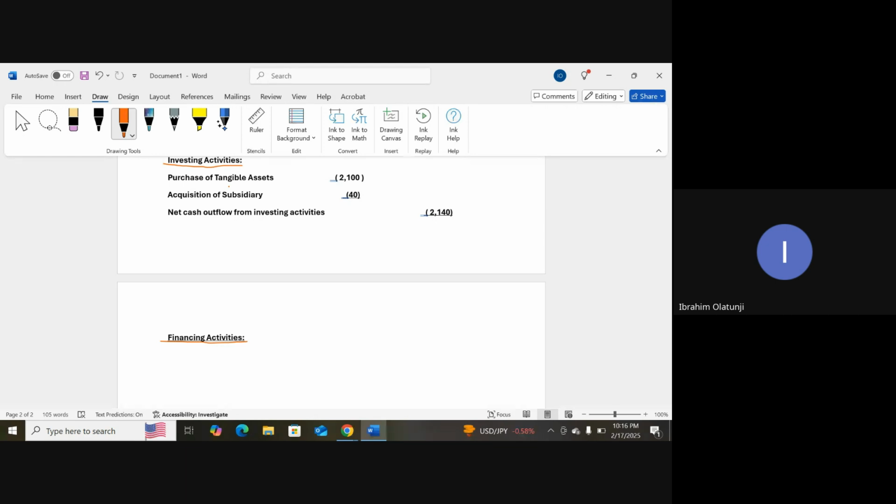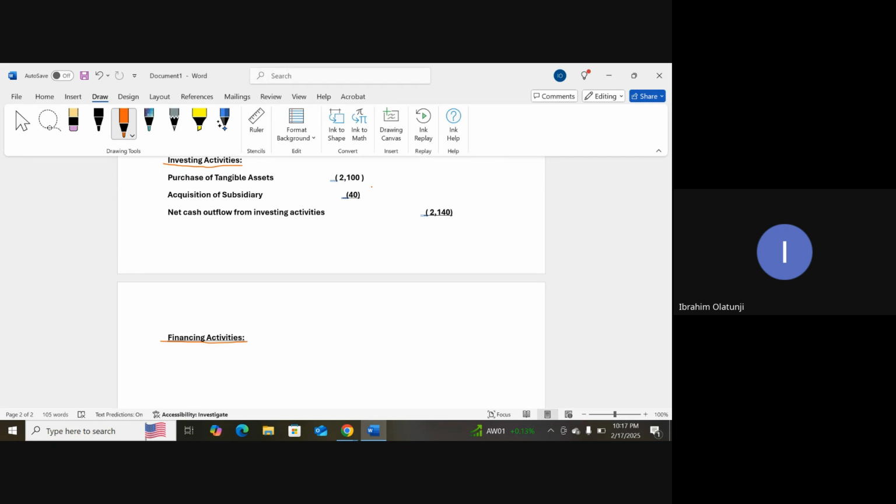If you have a similar thing like that, you have to put it under your financing activities. And not only that, if you borrow money, I say you have to put it under financing activities. The examiner can mention loan notes, he can mention debenture, he can mention long-term loan, bond.